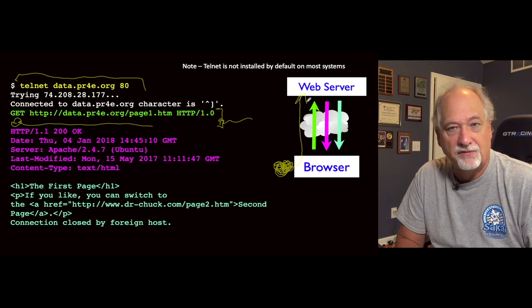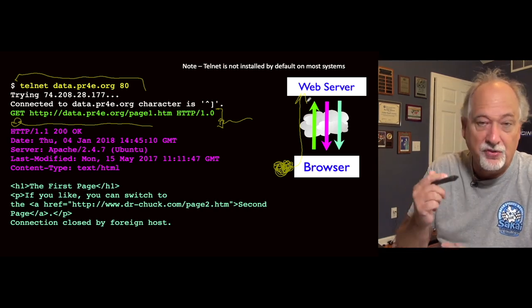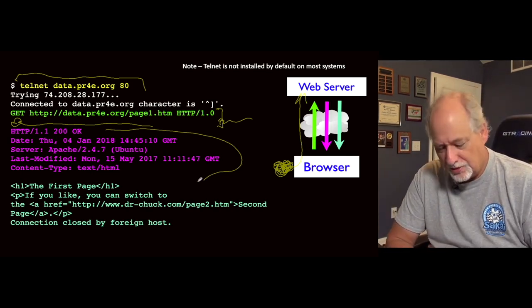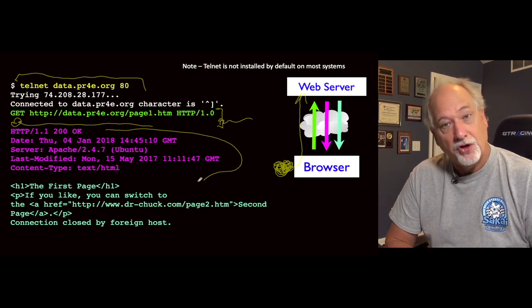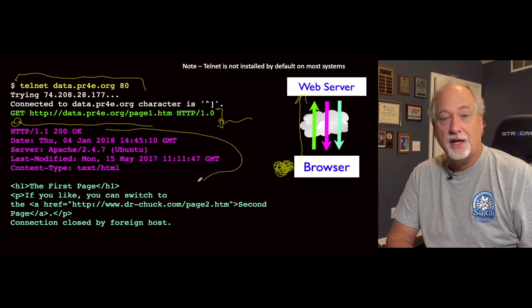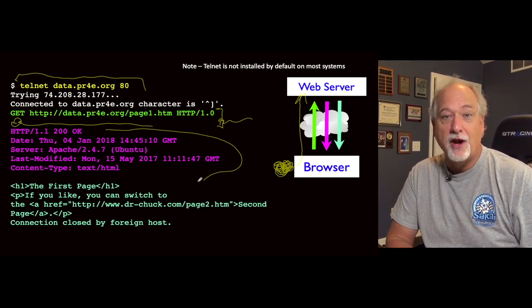We can just ask for a page, and then the server sends us back two pieces of information. First, it sends us headers. The first header is HTTP 1.1 200 OK. That's actually a status line. You'd have to go read the documentation on how that works, but for example, 200 means that you got a document. Another one that you might have seen is 404, which says 404 not found.